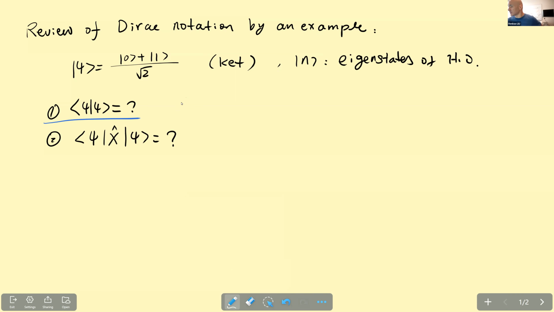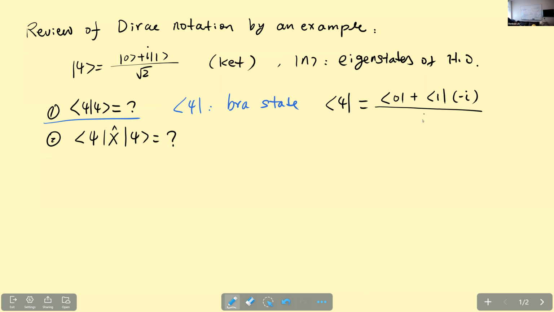Okay, so first of all, this one is the ket state. If we write down the bra, let me put i right here. This can now be written by changing the 0 to the bra state, and changing the 1 to the bra state as well. And there's i right here, but now this one will become minus i, because you take the complex conjugate.